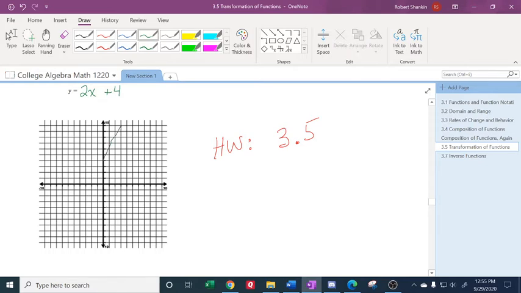So notice that it's rising 2, running 1, rising 2, running 1, and it looks something like this.